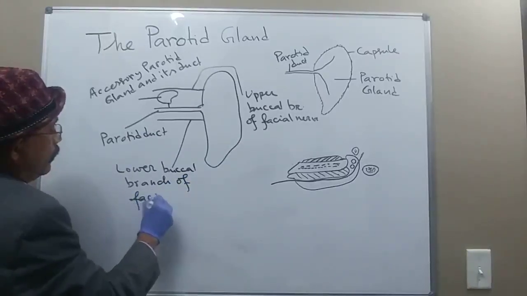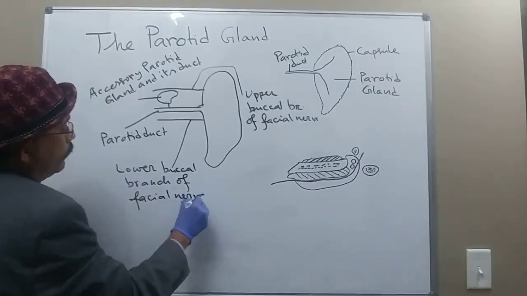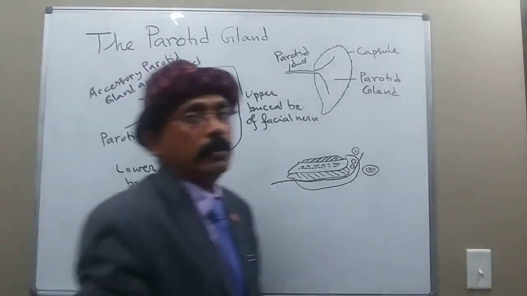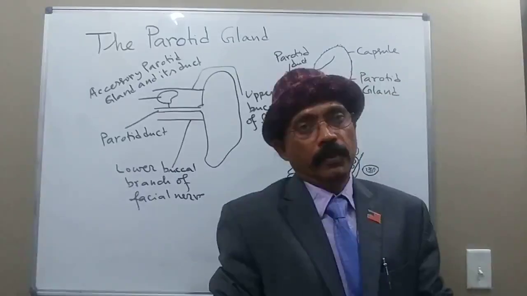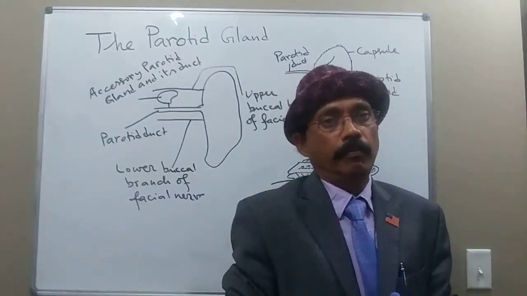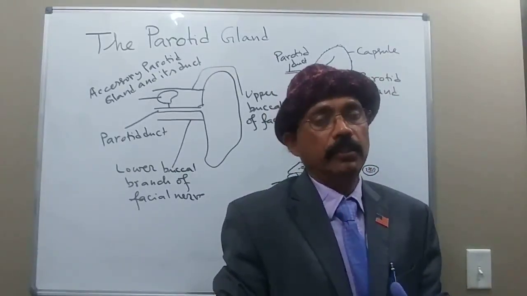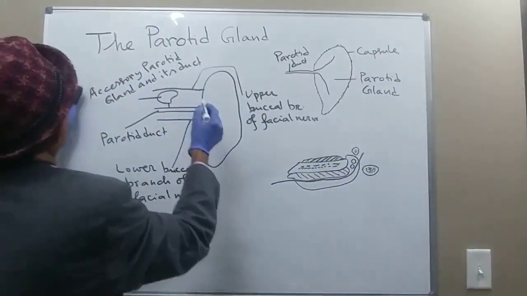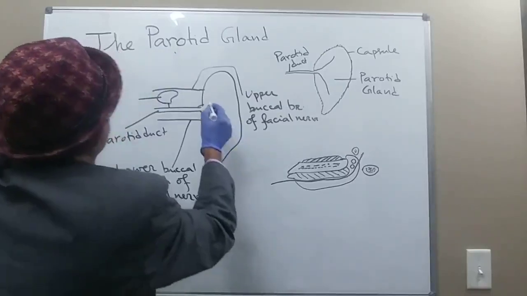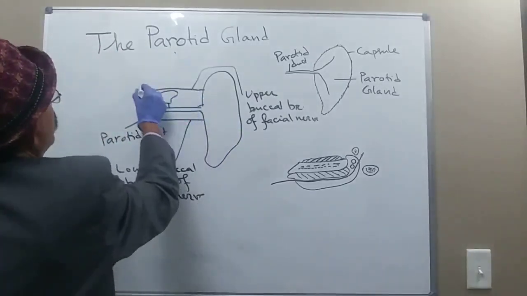These are the relationships. So we have the upper buccal branch of the facial nerve above, the accessory parotid gland and its duct above, and also another artery called the transverse facial artery.